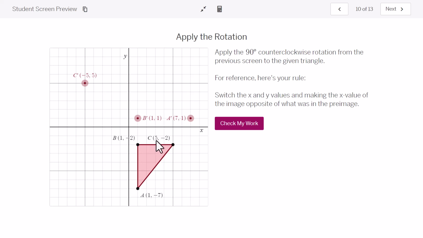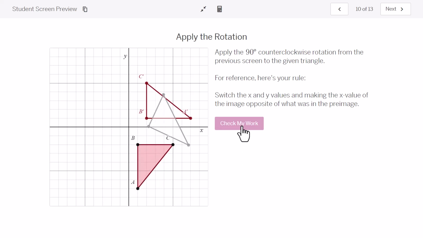But I'll change that -2 to a +2. So I have +2, 5. I feel like I did something wrong here. Oh, you know what? I didn't scooch this one over quite enough. Okay, so let's see if that worked. And it sure did. So we were just looking for patterns and applying those patterns over and over.